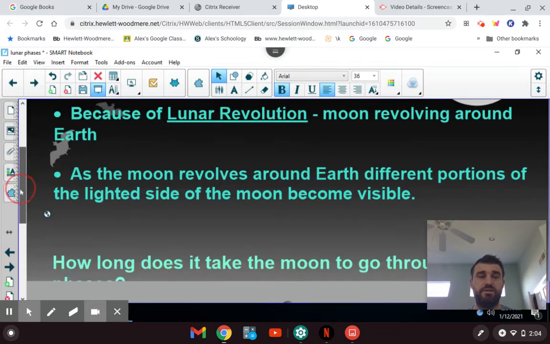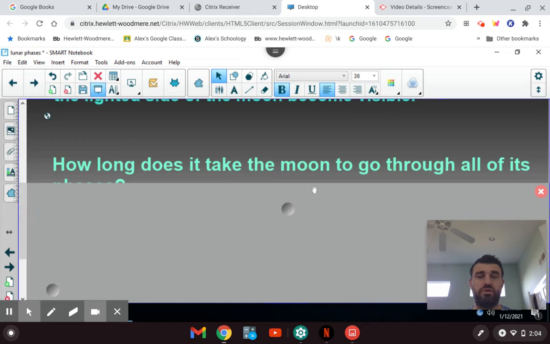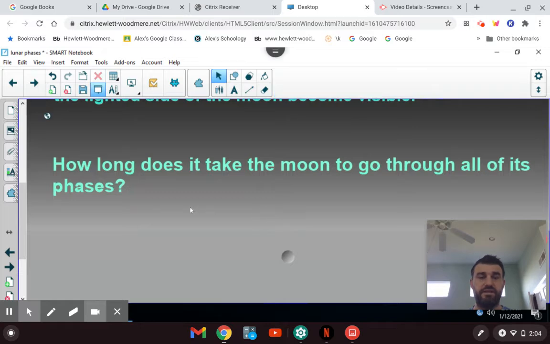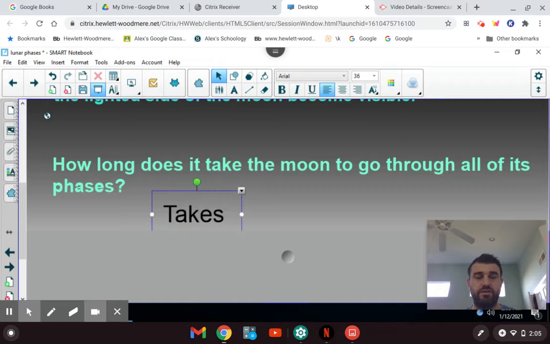So how long does it take the moon to go through all of its phases? I forgot if I had this saved in here. Nope. I guess I got to write it. We're going to get a little exact here. It takes 29.5 days.